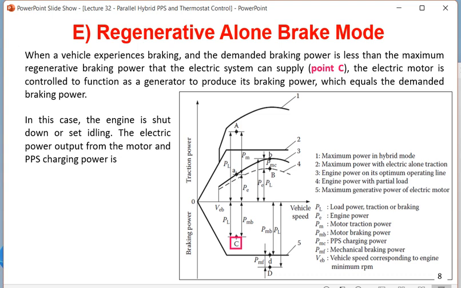Electric power output from the motor and the PPS charging power: PMB, that means whatever brake power is generated by the motor, is equal to PL into eta M. PL is the demanded brake power multiplied by the overall drivetrain efficiency, which is equal to the motor power it has to produce, and PPS is equal to PMB.